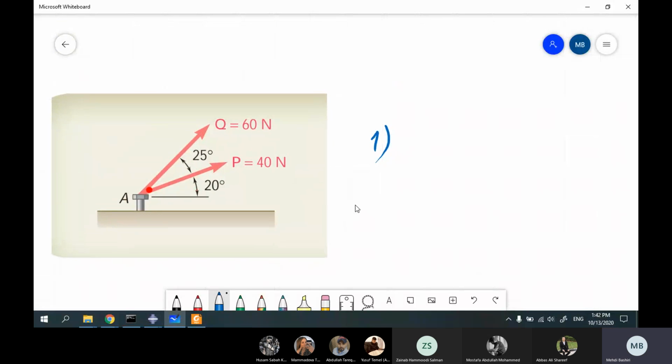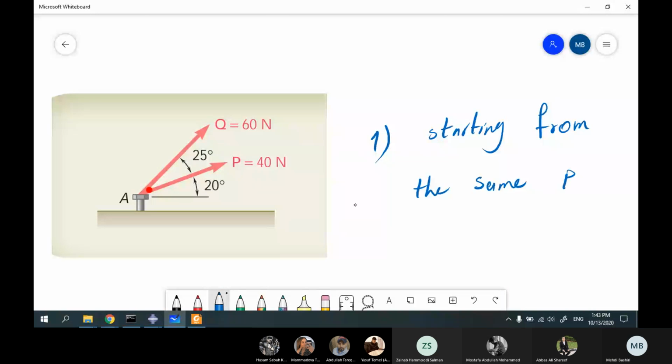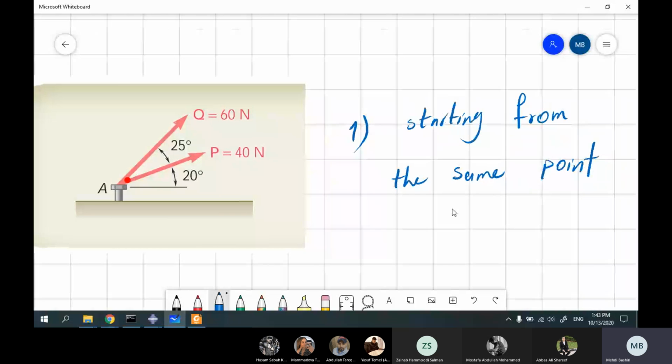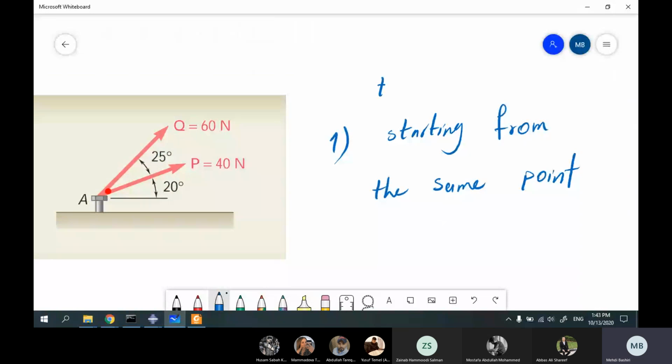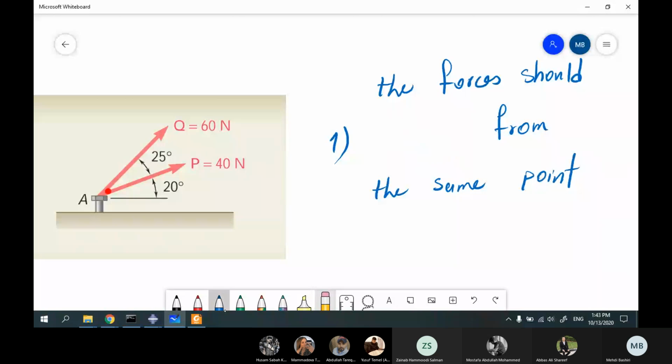The first requirement for the parallelogram is that the forces should start from the same point.